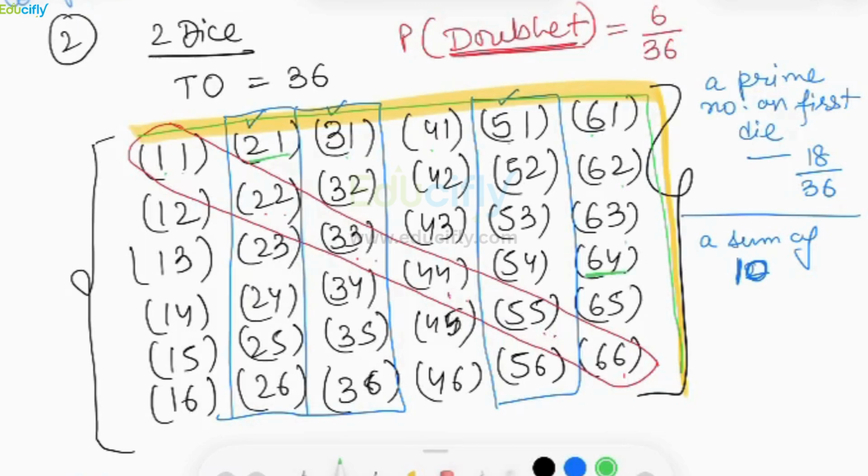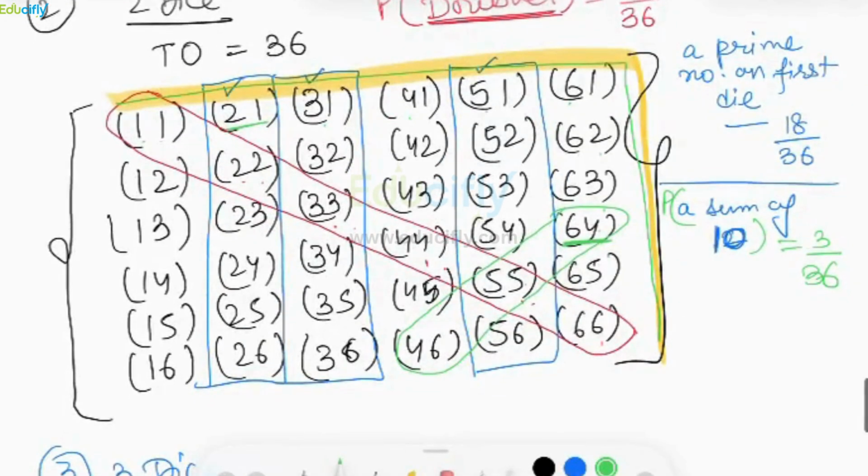Can you see this? 6 plus 4 is giving you 10, right? But whenever you get one solution, you check your diagonal from there. So I can see this, right? So these are 3 in numbers. So I can simply write the probability of this is 3 over 36, right? I hope you understand what I'm trying to convey here.